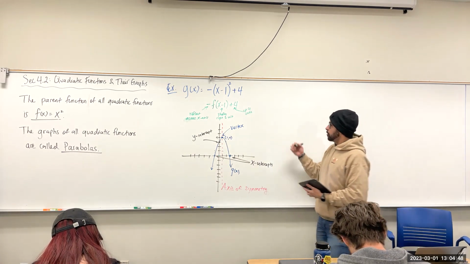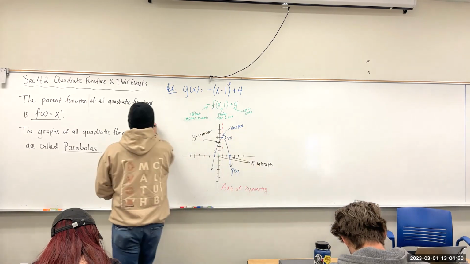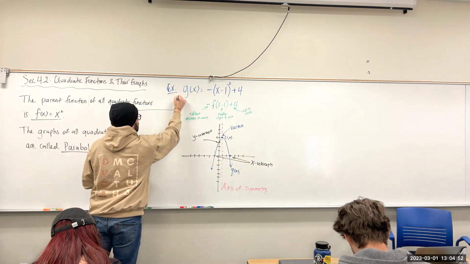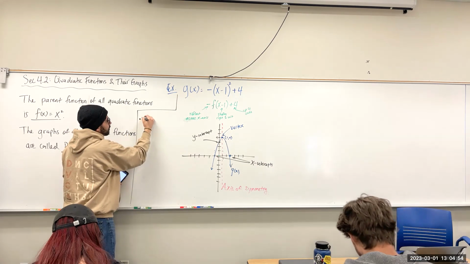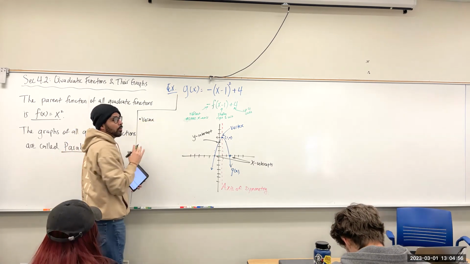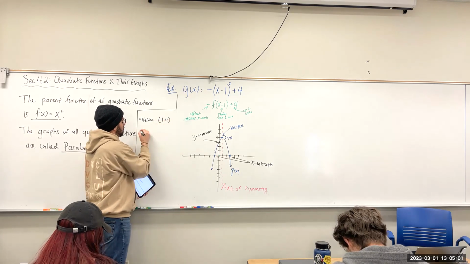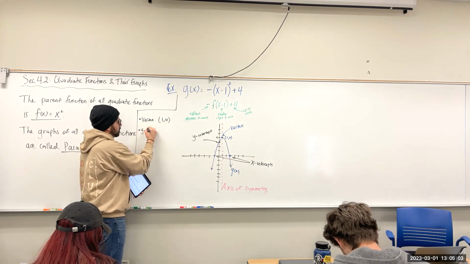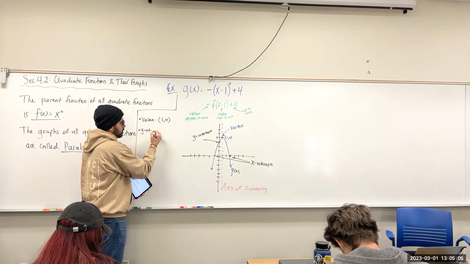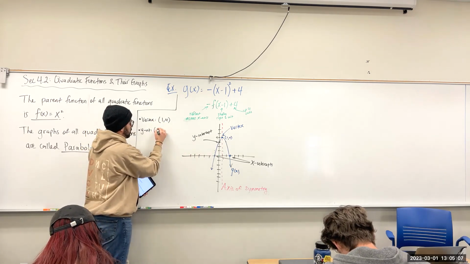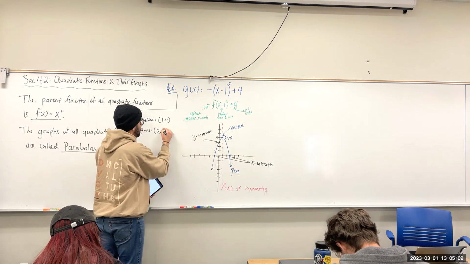Okay. So real quick, just so that we have it in your notes. What is the vertex? The vertex is going to be a point. What point is it? Vertex (1, 4). What's the y-intercept? It is (0, 3). Good.